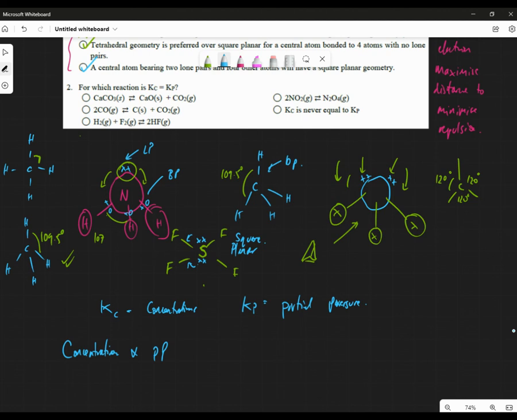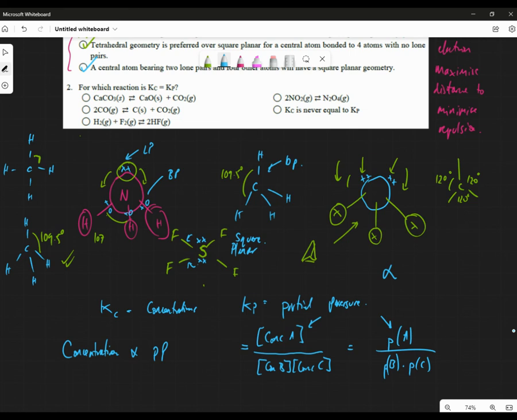What I'm trying to say is this: if you've got the concentration of A divided by the concentration of B times the concentration of C, it's going to equal the partial pressure of A divided by the partial pressure of B times the partial pressure of C. The concentration of A isn't equal to the pressure of A, but they're proportional to each other.